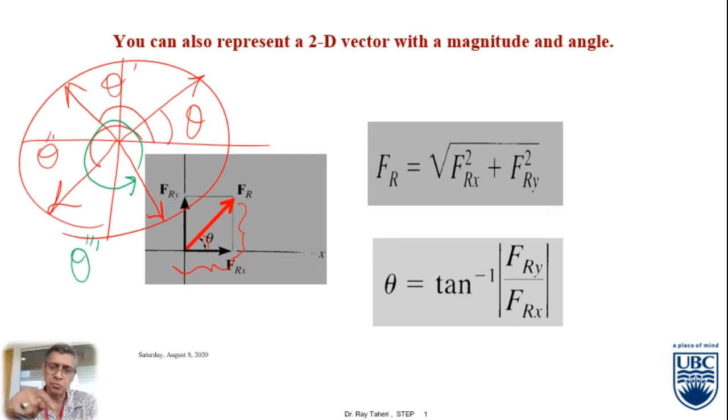I encourage you to review this slide, then you completely understand what the angle should be. This is between 0 to 90, this is between 90 to 180, this is from 180 to 270, and from here is from 270 to 360. But when you use the absolute value, you always calculate a value from 0 to 90.